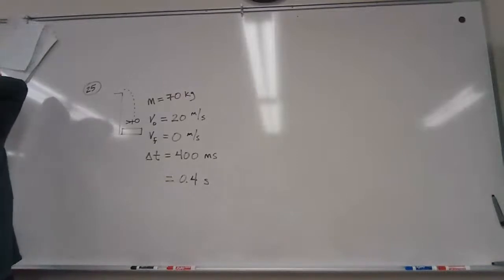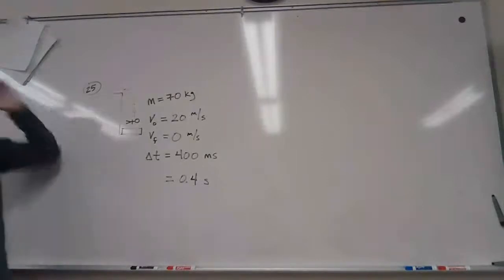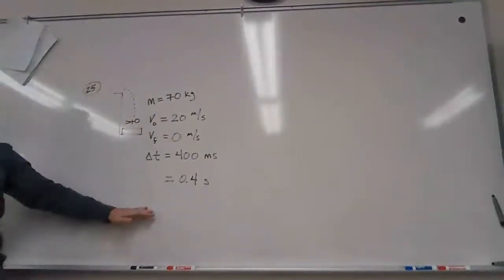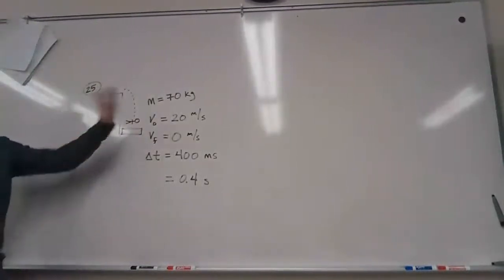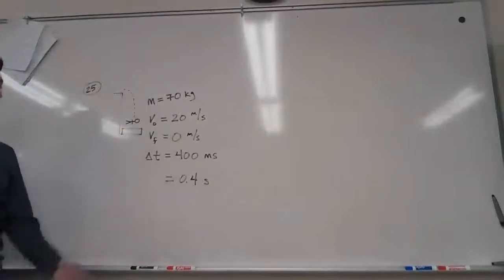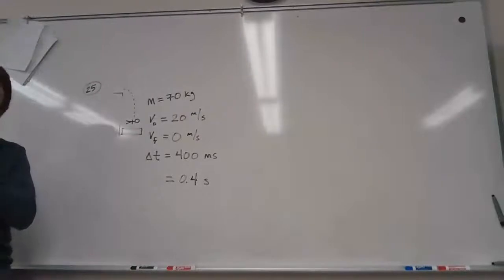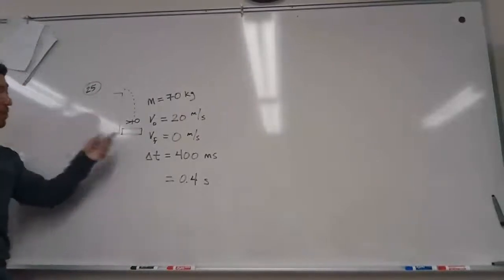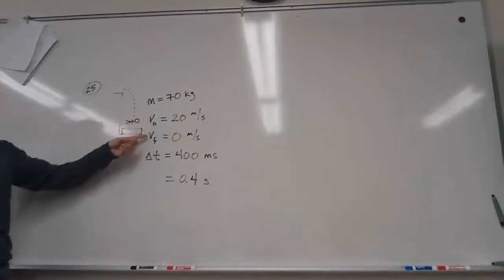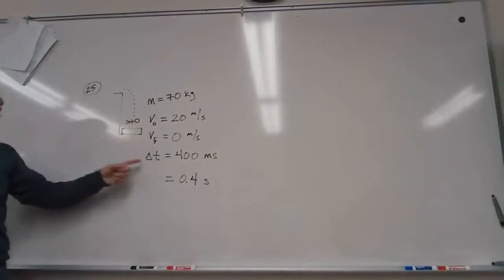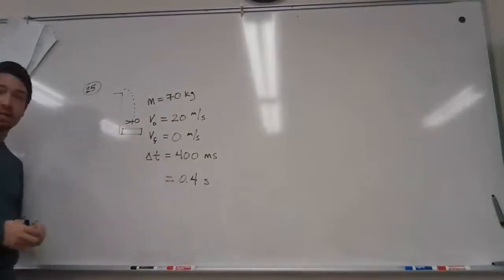So, what can we do? What can we get? So I've listed out all the information they've given us. What's an extra piece of information that I might want to know about that I could calculate pretty easily from this? Acceleration, right? So if I know a change in velocity was 20, and I know how long it took, that'll give me the acceleration, right?